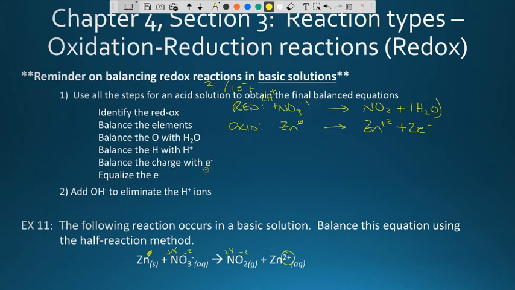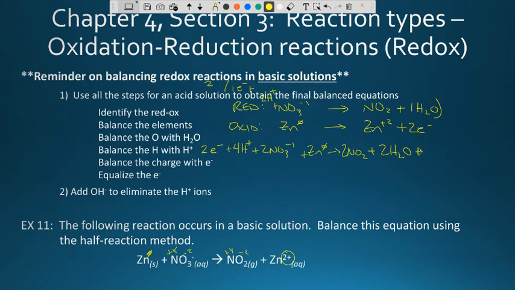I have within all of this, 2 electrons plus 4 hydrogen ions plus 2 nitrates plus my zinc. I'm going to get 2 nitrogen dioxides. I'm going to get two waters.